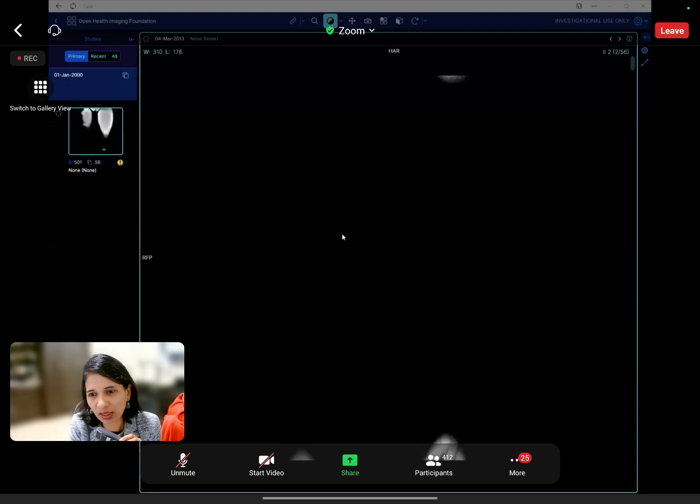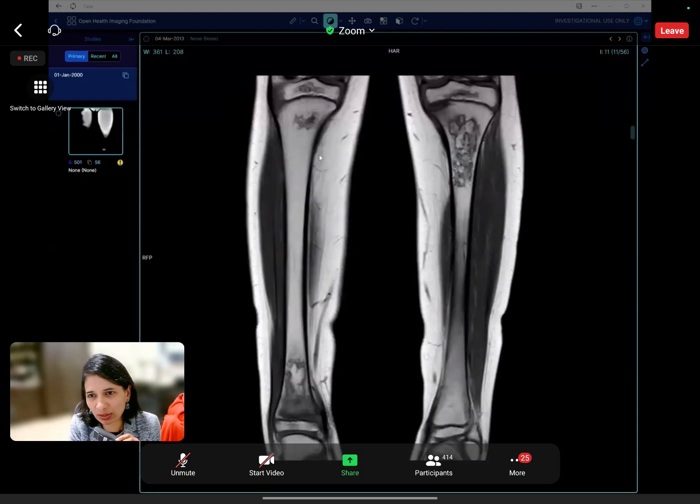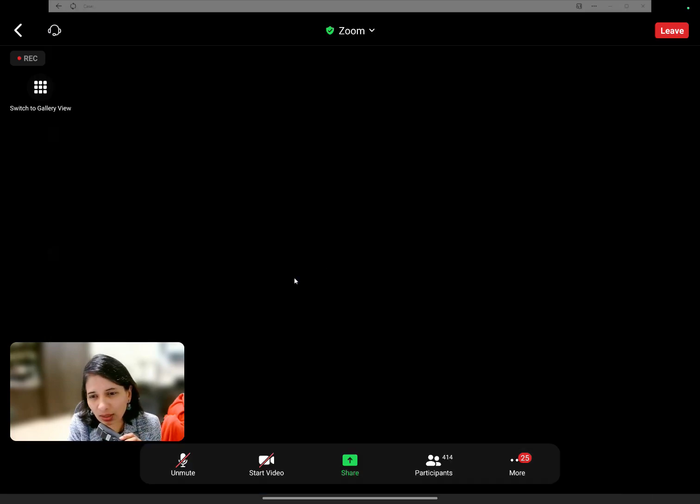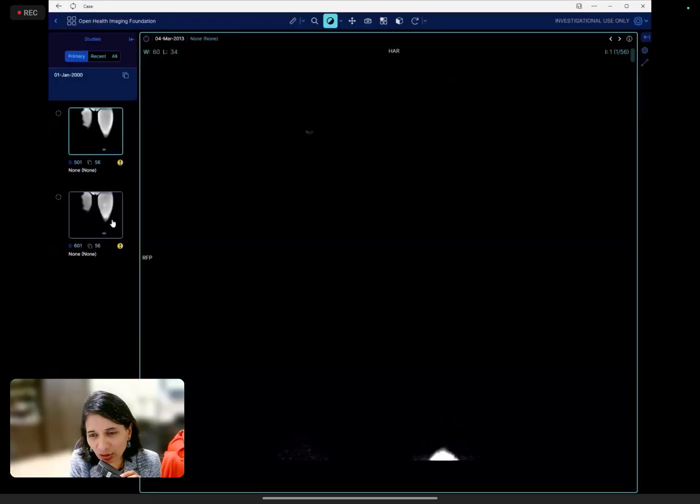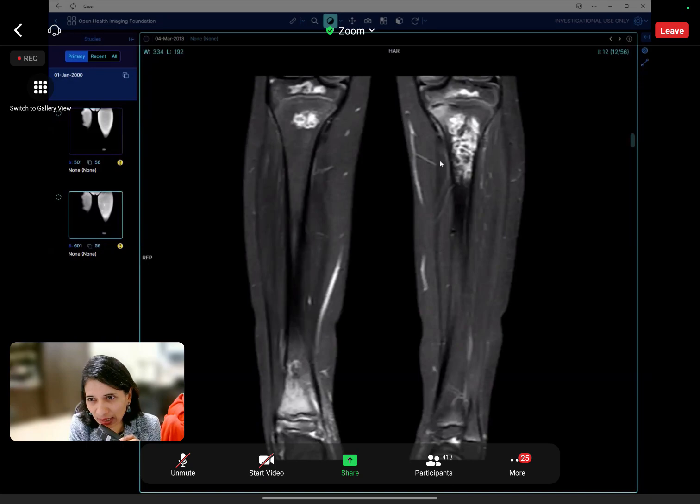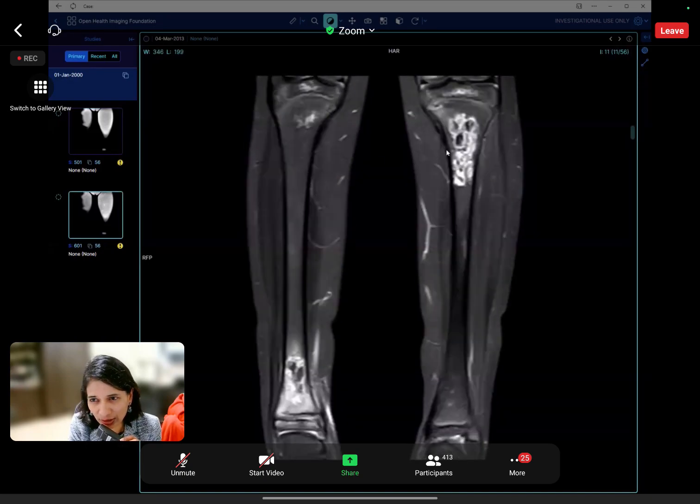Serpiginous lesions. Usually it's metaphyseal, and it also has changes on the T2 weighted or STIR images, because it can be acute on chronic.